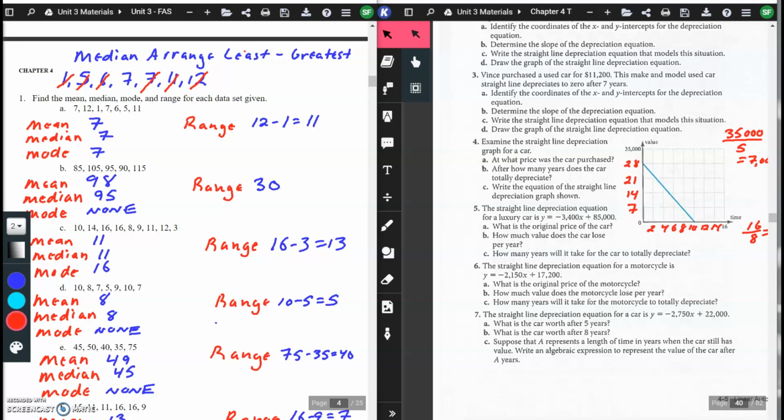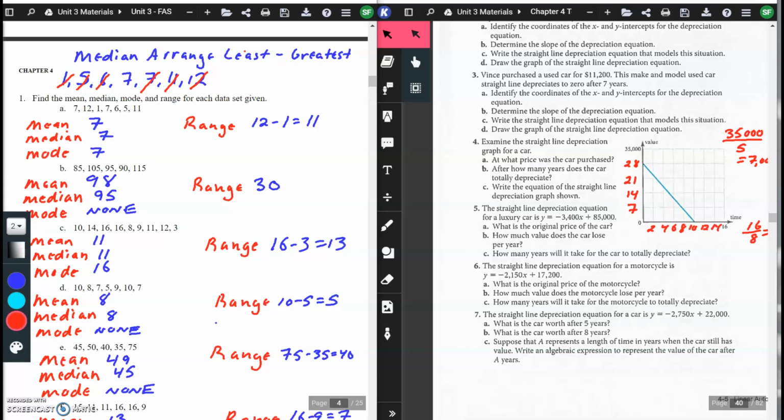So add them all up, divide it by 7, and you get your mean or your average. Mode is the most commonly used number. So here you'll notice that 7 is used twice. Okay, that's the most used number, so that is your mode. And range is your highest number, which is 12, minus your lowest number, which is 1.